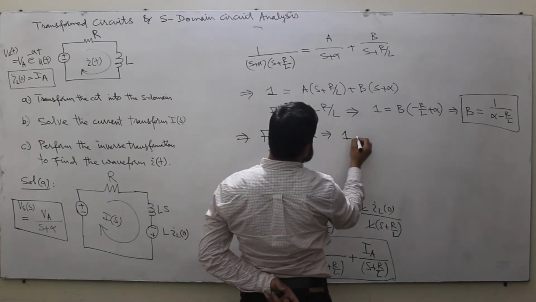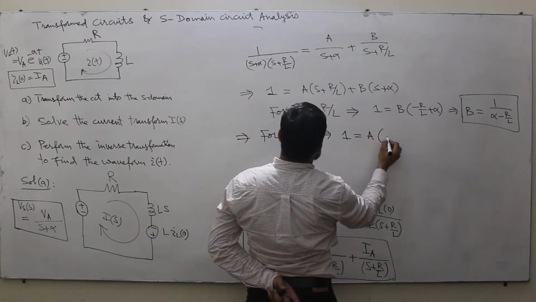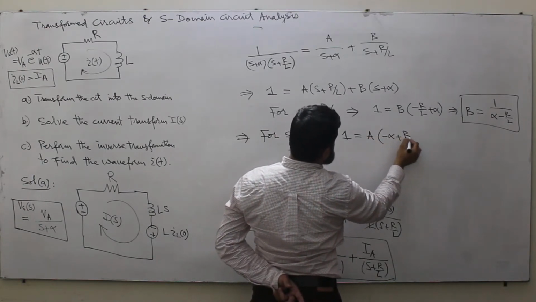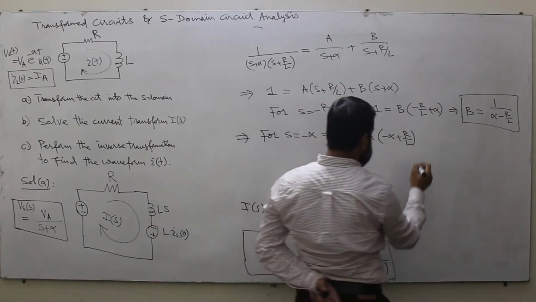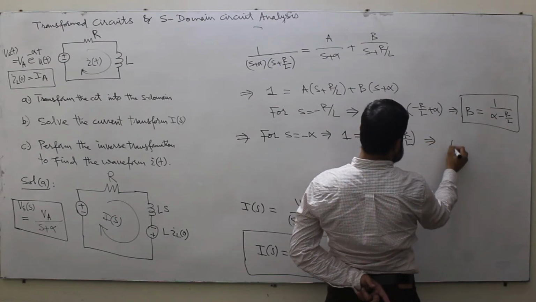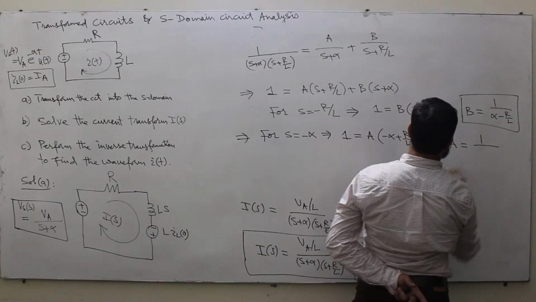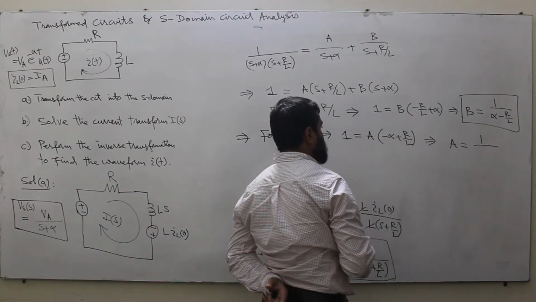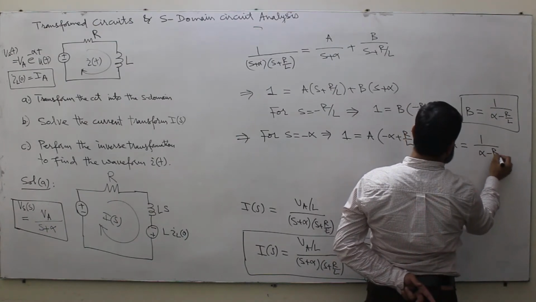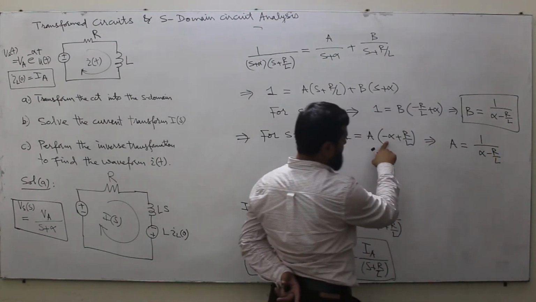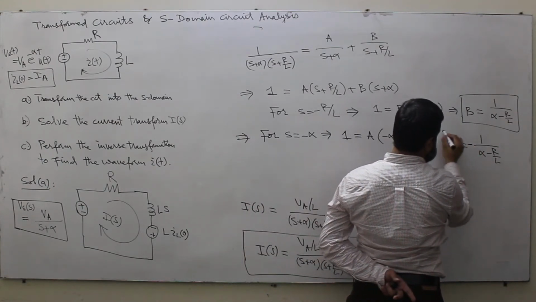So 1 is equal to A into minus alpha plus R over L, and this is A is equal to 1 over alpha minus R over L. Since I have taken minus common from here, the minus will come to this place.